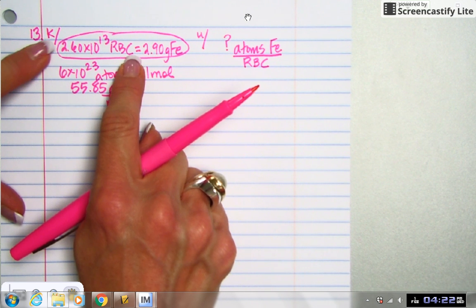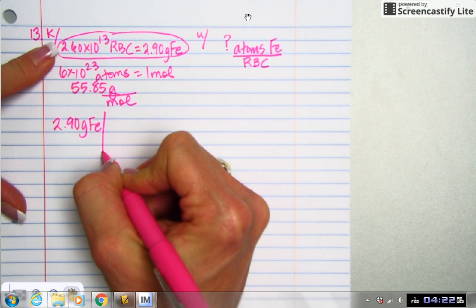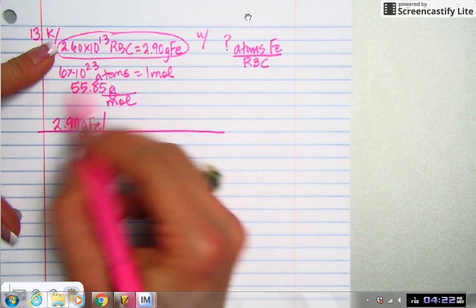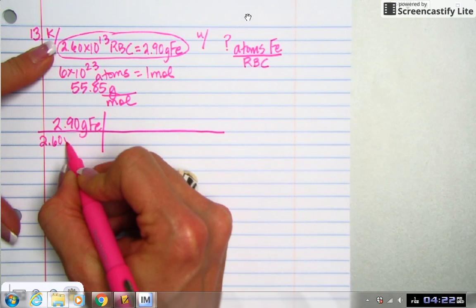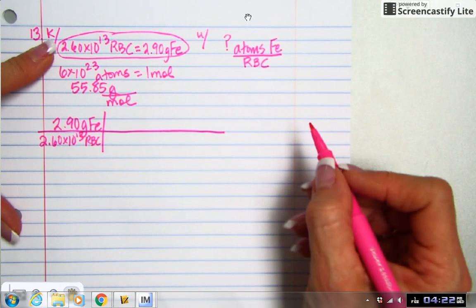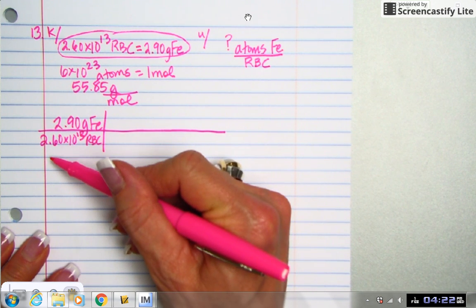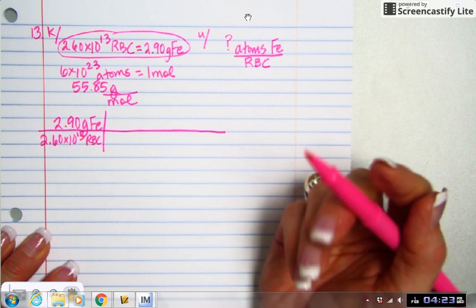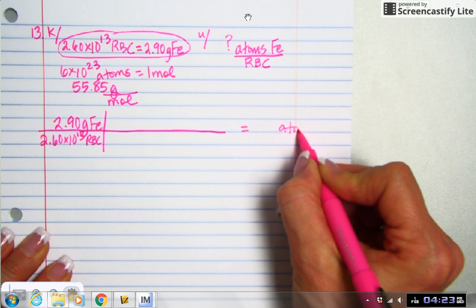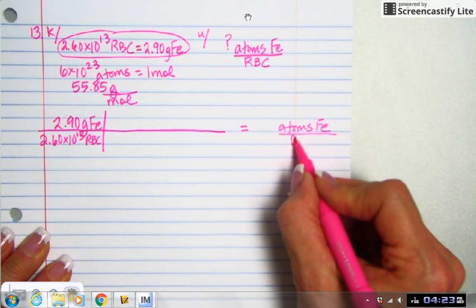So I'm going to write as my given 2.90 grams of iron, and underneath it, because it says it's equal to it, 2.60 times 10 to the 13th RBC, red blood cells. So they tell us 2.90 grams of iron contain approximately 2.60 times 10 to the 13th red blood cells. And over here, I'm going to write down the unit I'm looking for, which is atoms of iron on top, and that'll be per red blood cell.